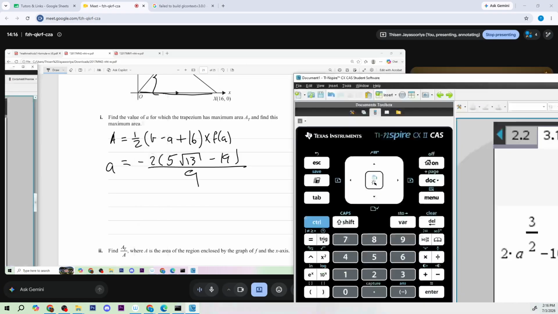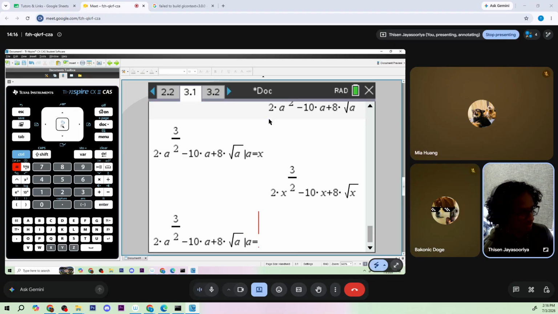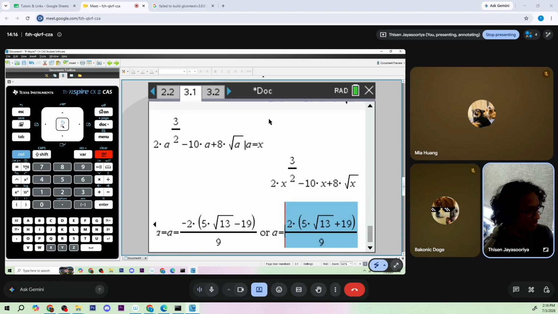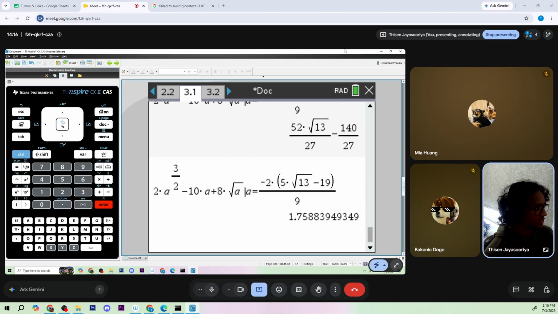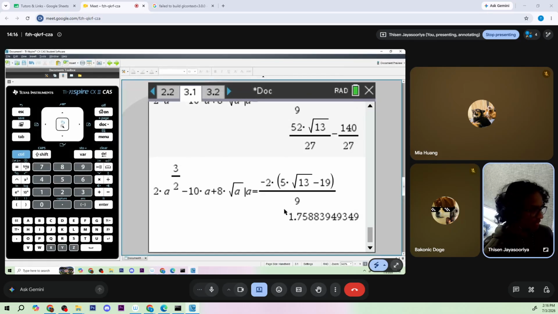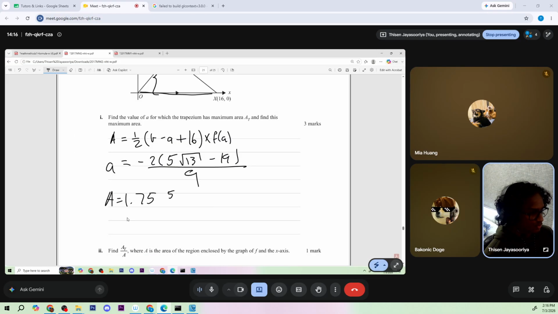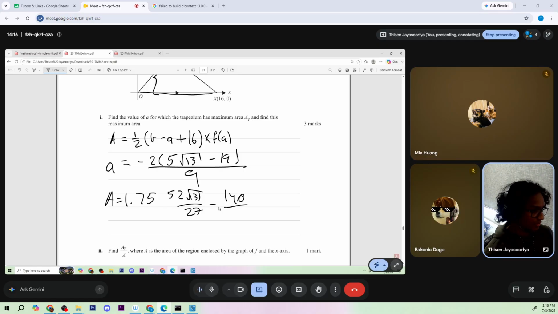If I substitute that whole thing into my area function, I'll get our maximum area, which is 1.75, or this whole disgusting ginormous thing, which is 52 root 13 over 27 take 140 over 27.